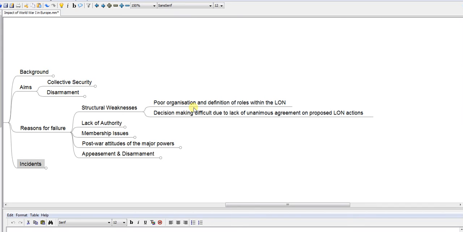The lack of definition of these roles made the decision making process very difficult, and that made it very difficult to enforce actions to keep the peace, which made the league very ineffective. Finally, decision making was also difficult due to the lack of unanimous agreement on proposed League of Nations actions.